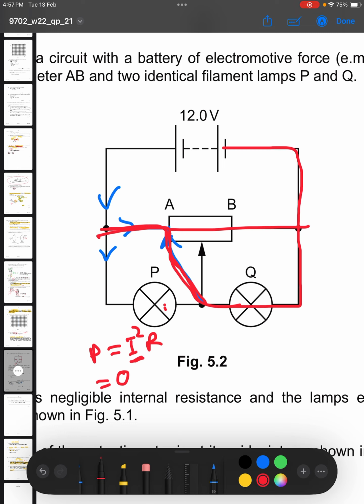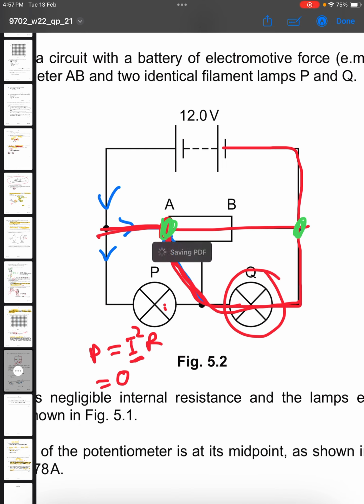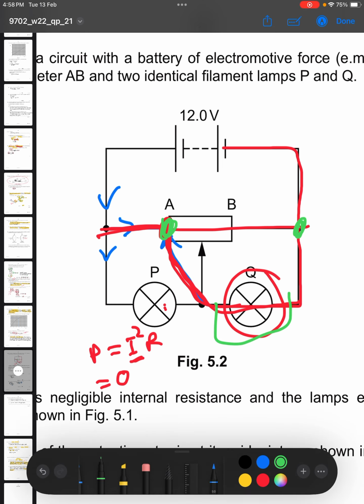But this, since it is no longer sharing current, and also the potential difference, since it is connected to these 2 points, this point and this point, the potential difference across this lamp is now 12.